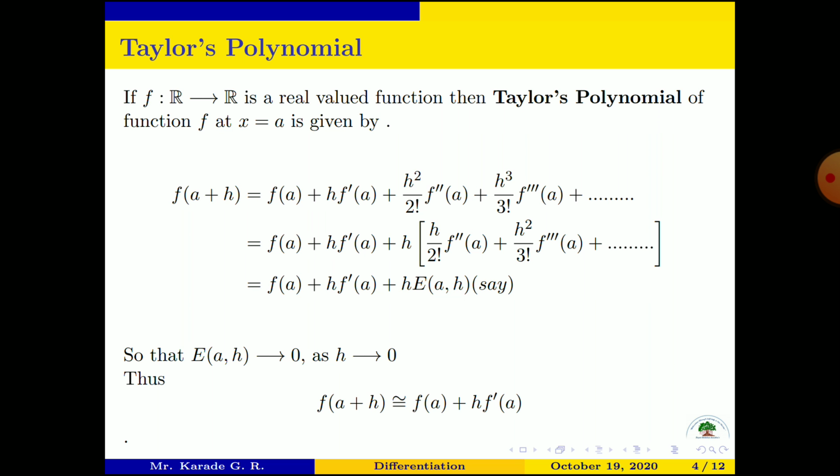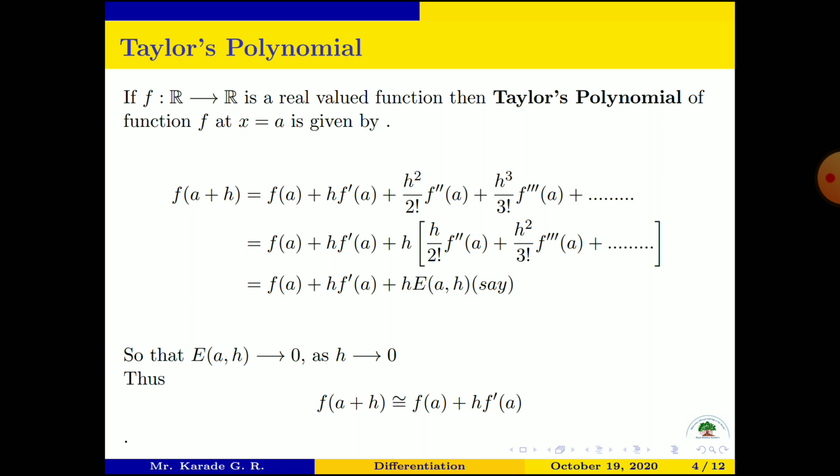So the value of the function f near the point a is approximately equal to f of a plus h into f dash of a. That is the simple meaning.